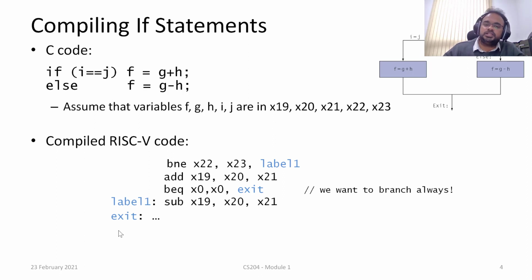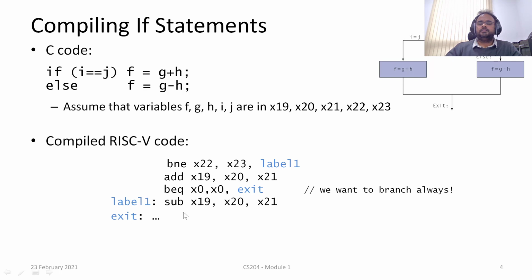Why we have included this additional branch is, consider the case where this beq instruction is not there. Then we execute the add instruction, and immediately we also execute the subtract, which is logically incorrect, because we want either addition or subtraction to be performed. So to avoid the subtraction, we have introduced another label, exit, which is just after path 2.